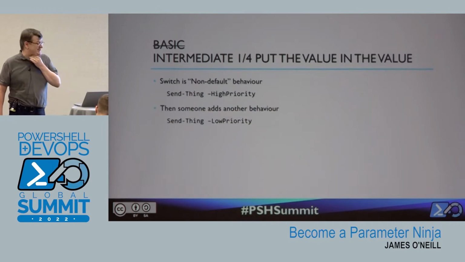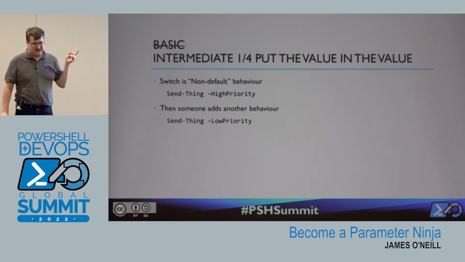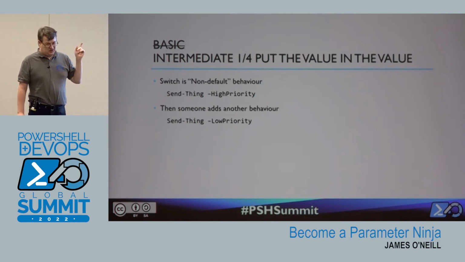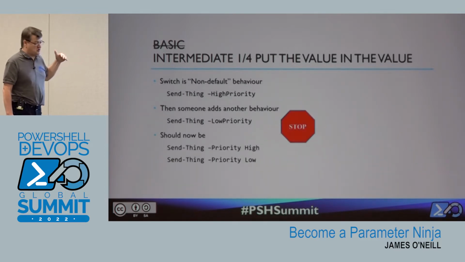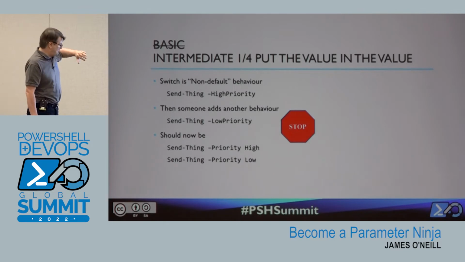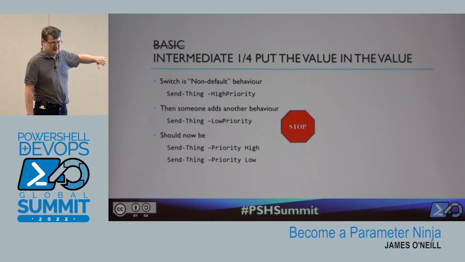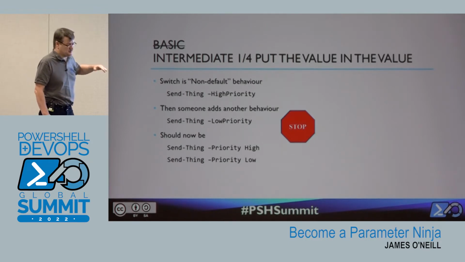And then somebody comes along and says, but there's a low priority. And at this point, we've broken things because we've now got two switches as two parameters to specify two values for the same thing, i.e. priority. Really, we should have priority high and priority low. We shouldn't have two different switches.